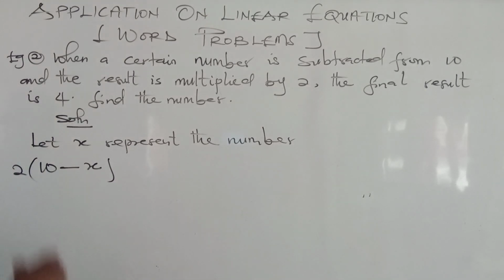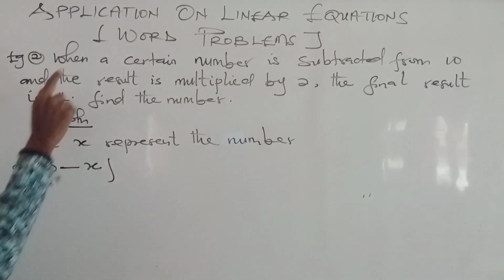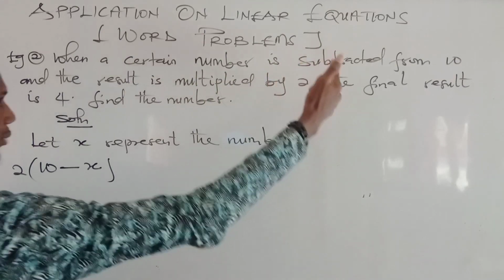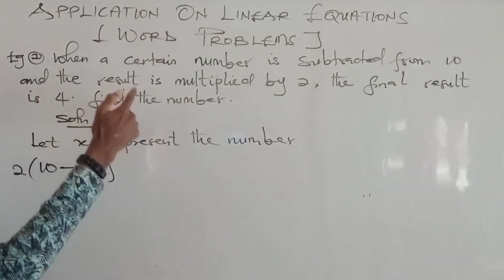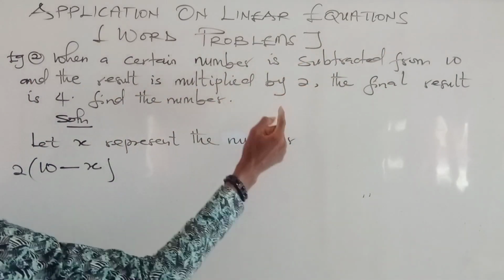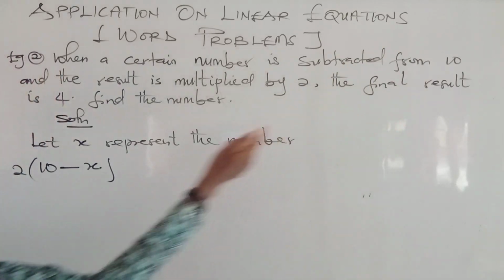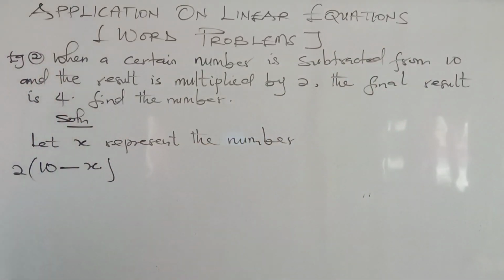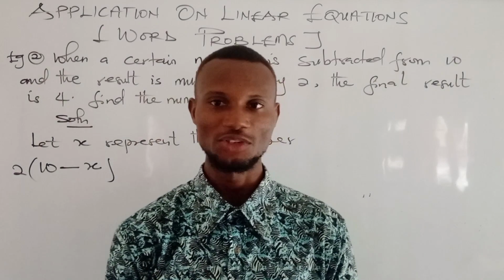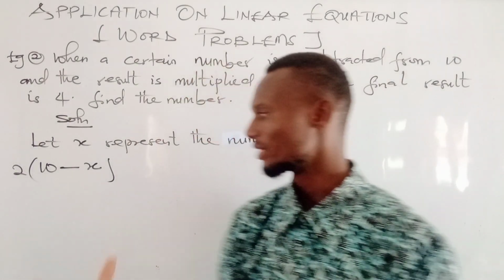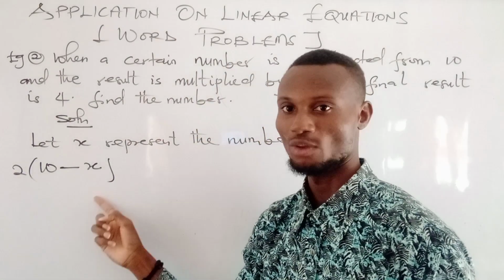Now let me start reading again. It says when a certain number is subtracted from 10 and the result is multiplied by 2, the final result is 4. So now what is the final result that they are talking about? You see, this is the final result that they are talking about.